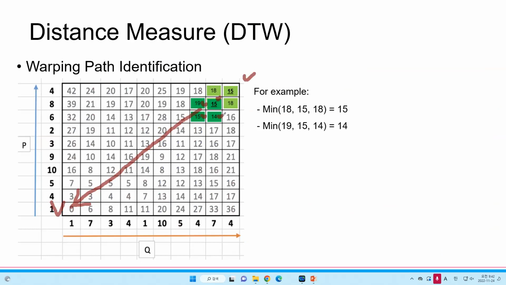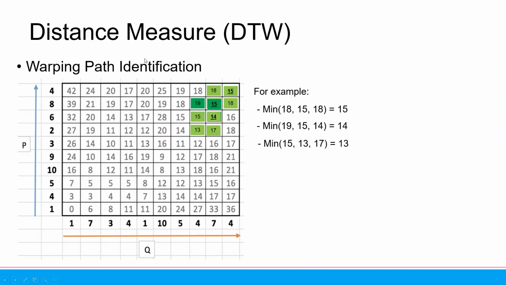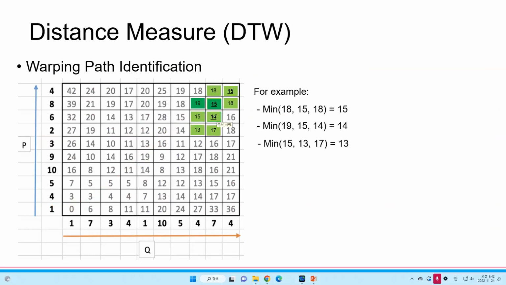What is the minimum? 14. And we will go to 14. Again, we will check the minimum surrounding 14, which is 15, 13, 17. So what is the minimum? It is 13.